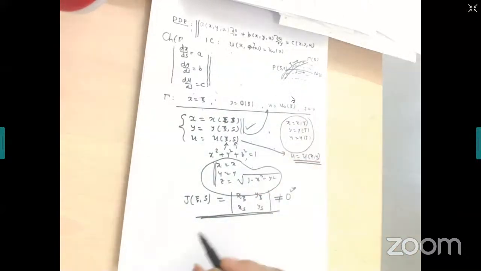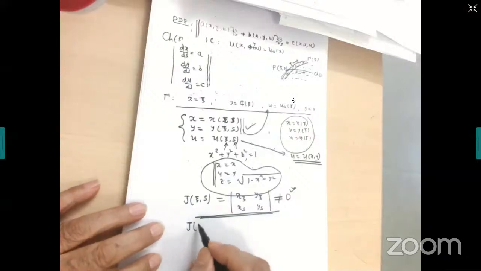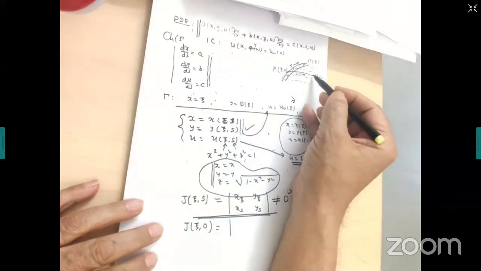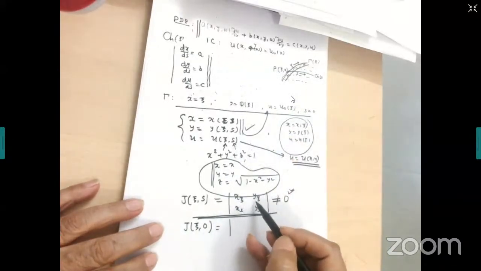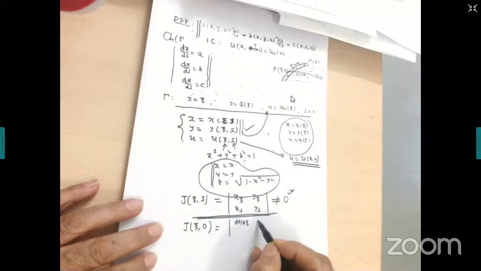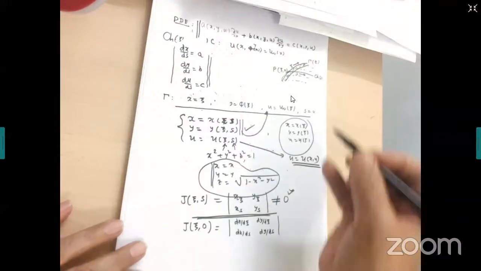So we are interested in finding out xi at s is equal to 0. When we compute these coefficients at s is equal to 0, it is nothing but dx by d xi, dy by d xi, dx by ds, dy by ds, ordinary derivatives, right?